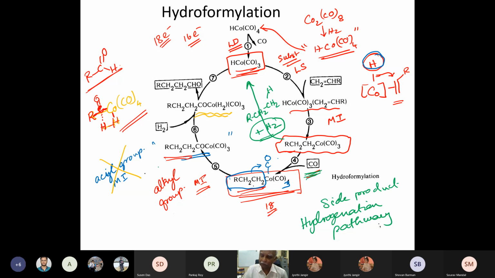Here, because the acyl group migration is slow, I have a significant amount of this acyl species, and this acyl species can react with hydrogen because that reaction is faster than the reverse reaction even.